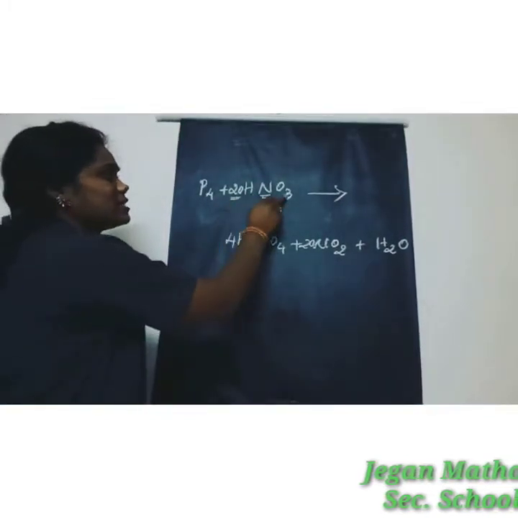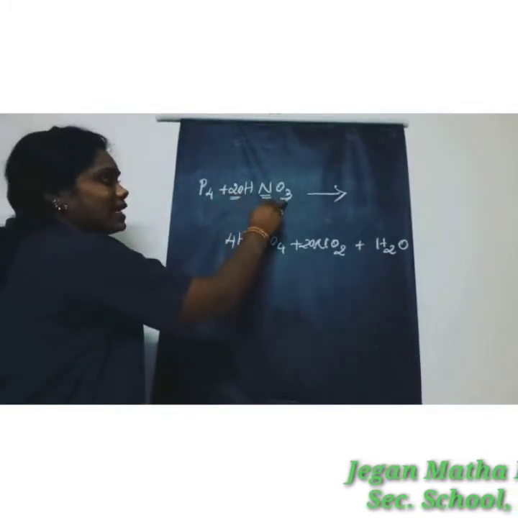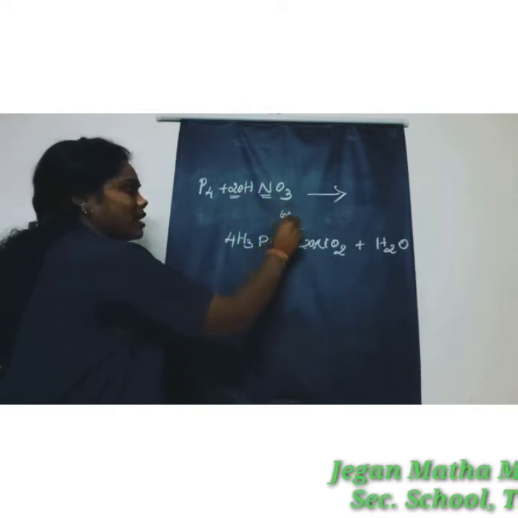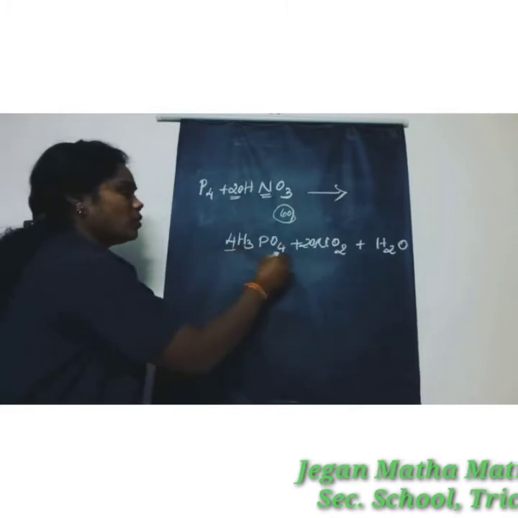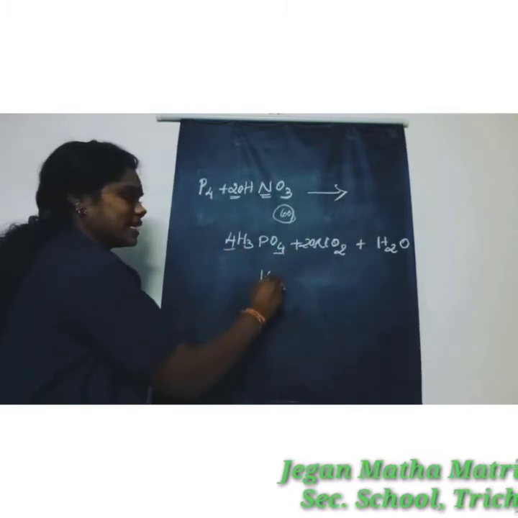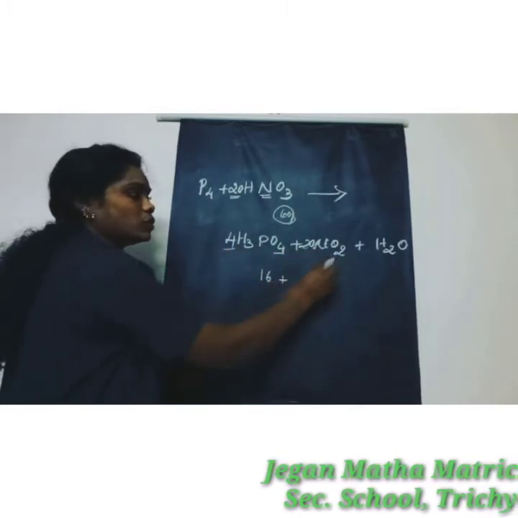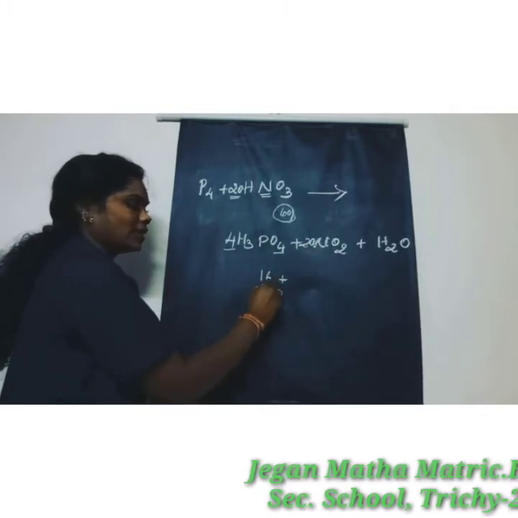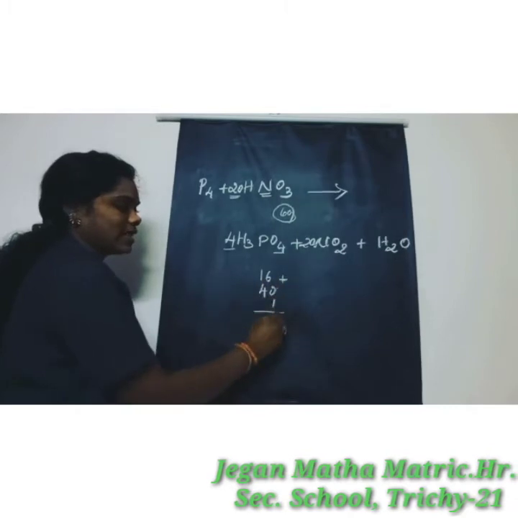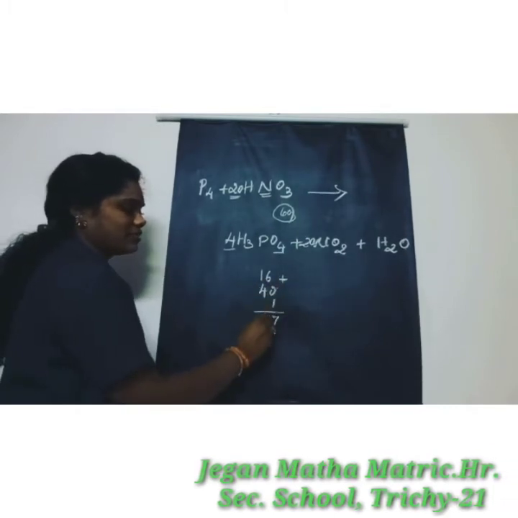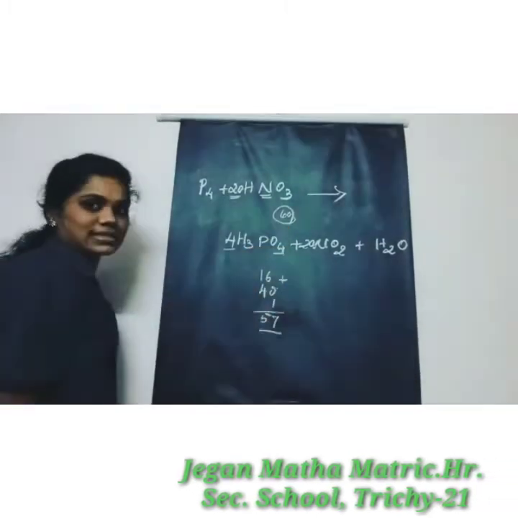So here oxygen 2 3s are 6, so 60 oxygen atoms. But here oxygen 4 4s are 16 plus 2 2s are 4, plus here only 1 time, so totally 7 plus 5, 57. But here 60 times.